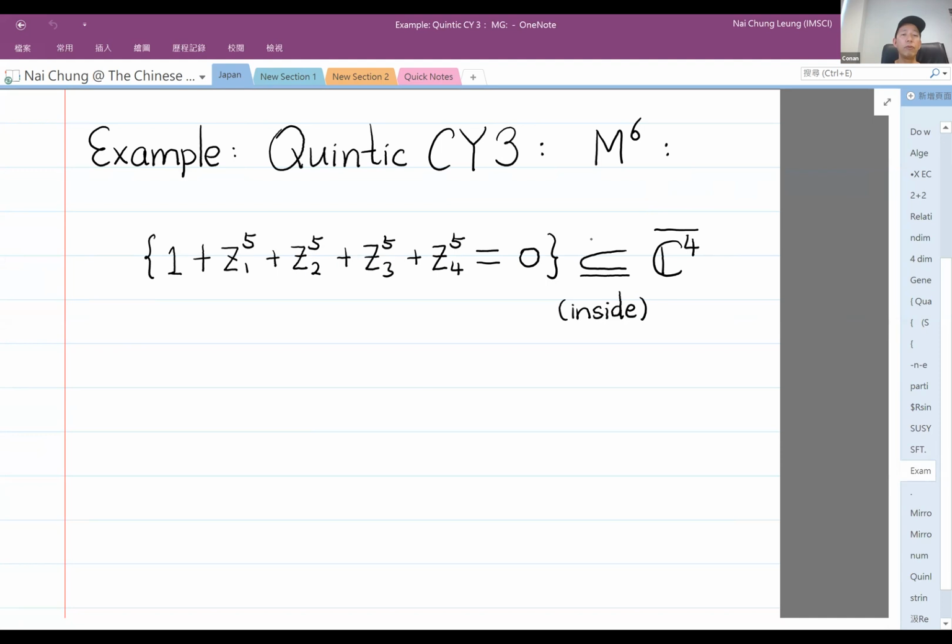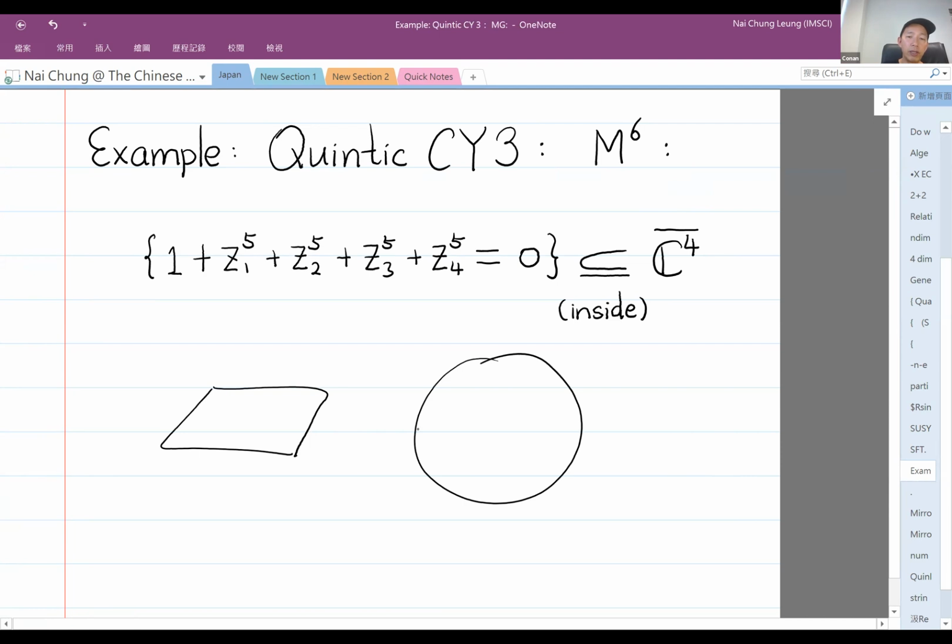But then we want something to be compact, and so you have some way to compactify it. But once you compactify it, it's just like if you go from a plane and compactify to a sphere, then instead of curvature being 0, now the curvature becomes positive. So doing this compactification tends to increase the curvature.